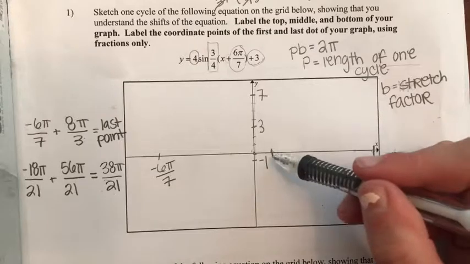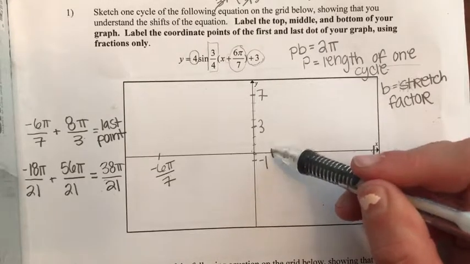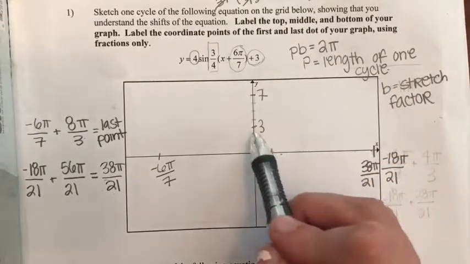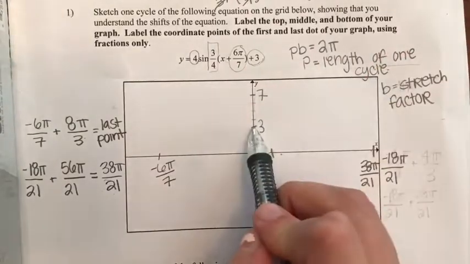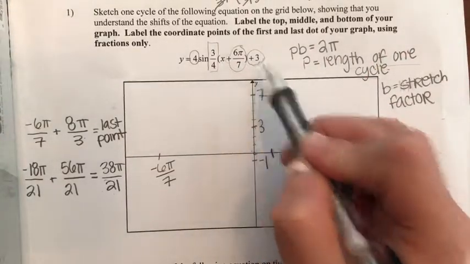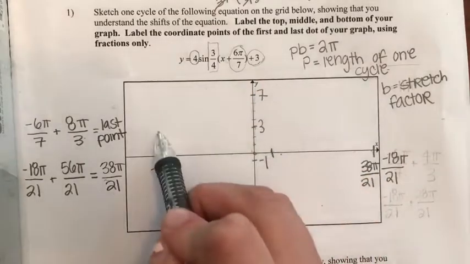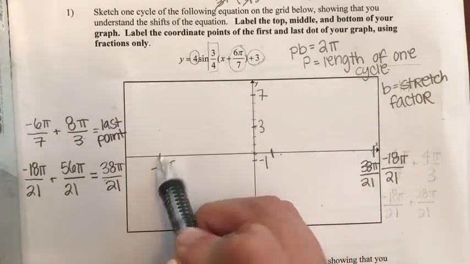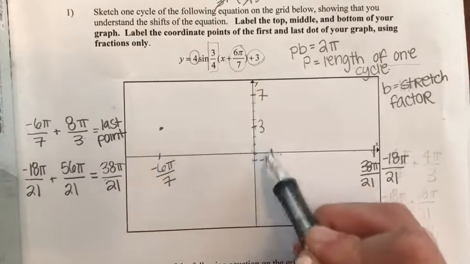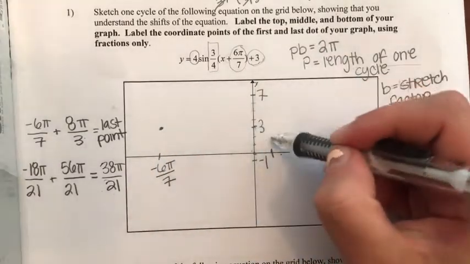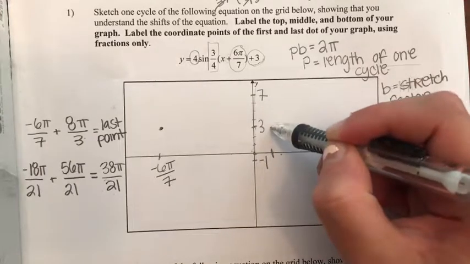Finally, when we want to graph it, for sine equations, we have our first dot at the middle of our y-coordinates, so 3, so this point. So we want to go to our first x-coordinate up to 3, make a dot, and then our middle point is going to be at this middle location.